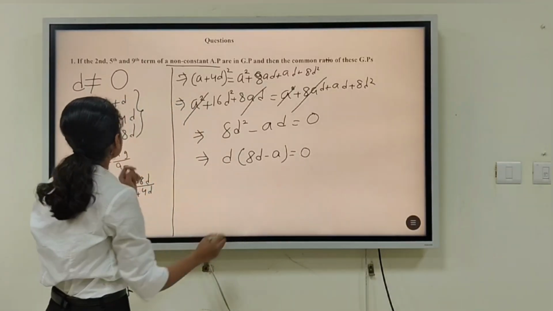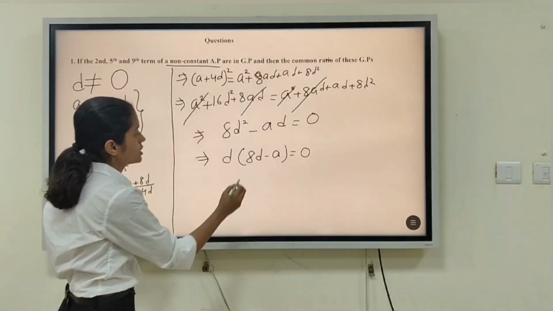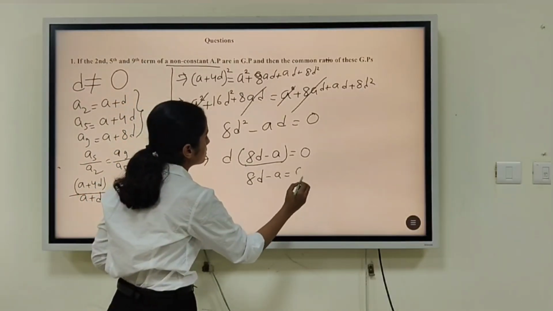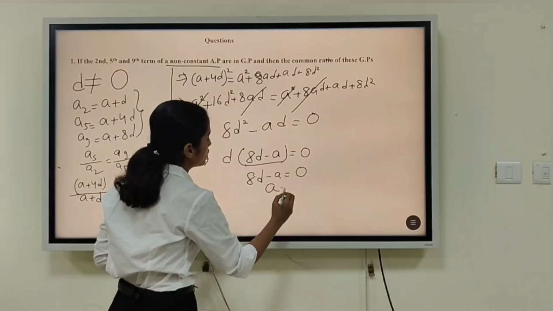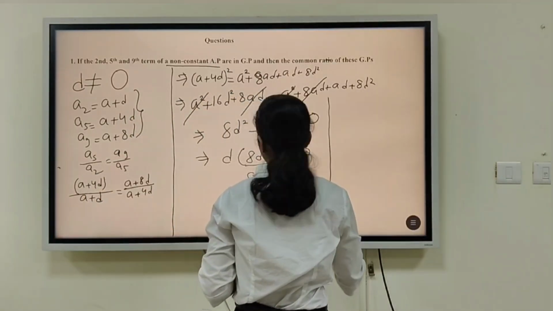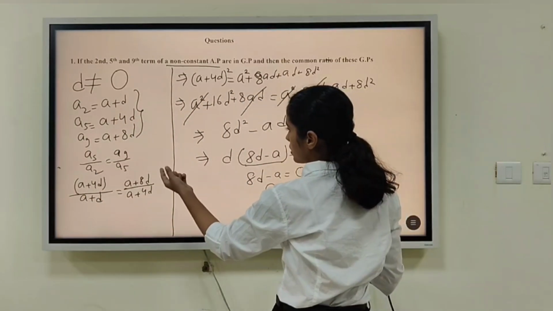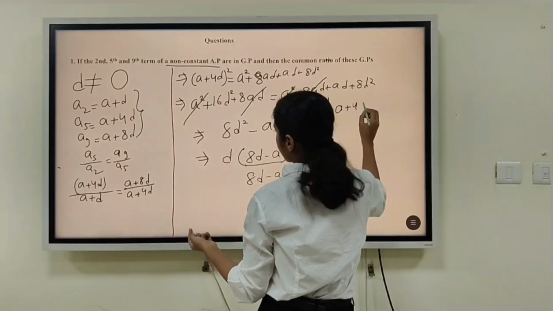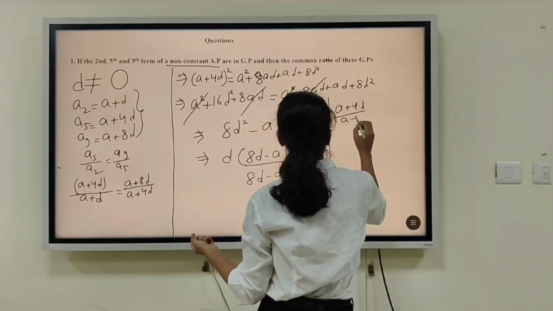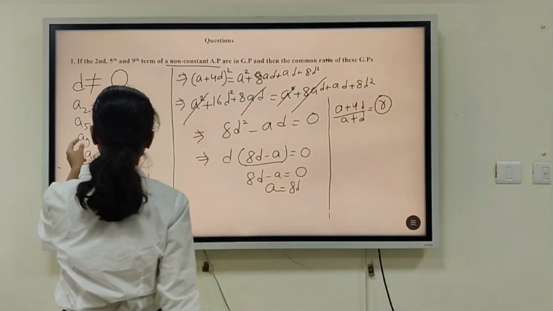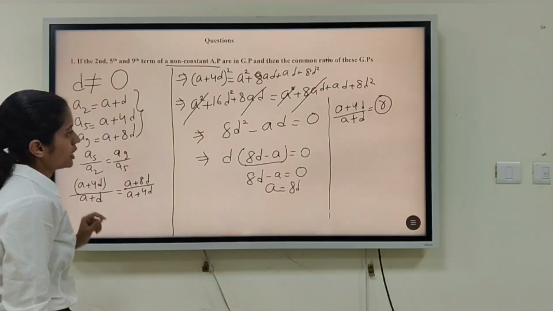Now we cannot take d equal to 0. That's why the term 8d minus a will be equal to 0. So a is equal to 8d. Now we can find out (a plus 4d) upon (a plus d), which is nothing but the common ratio of the GP, a5 upon a2.